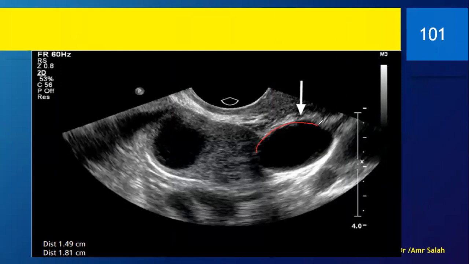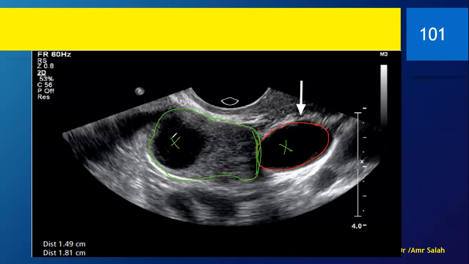Think about it. I have the cyst. Now, where is the ovary? Voila, we have this ovary. I can fully trace the outline away from the cyst. So this one is para-ovarian.